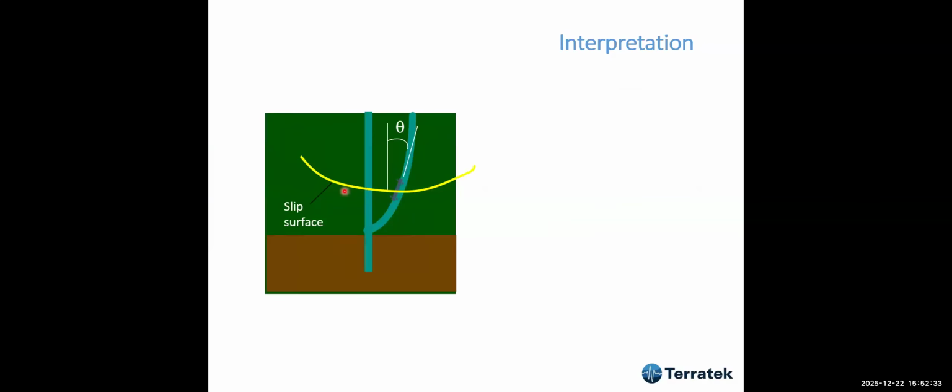The interpretation can be carried out. Why is tilt measurement so closely linked to failure? Because if you have an element here, with this theta value and beta close to zero, then theta is close to the strain at failure.